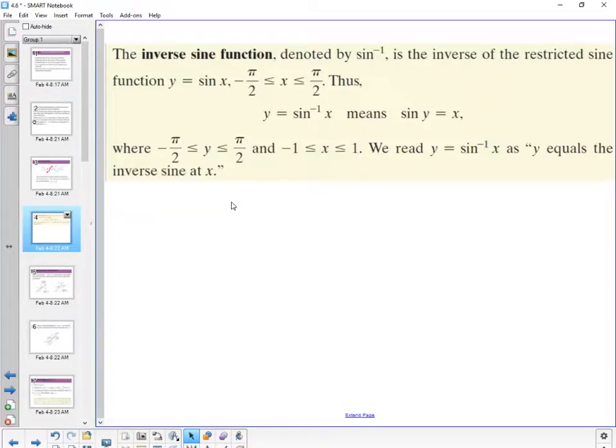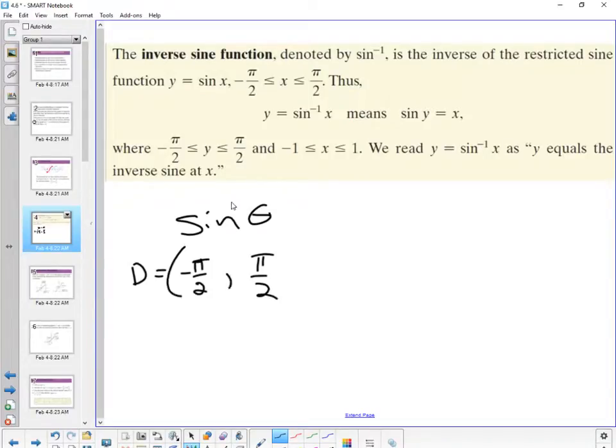No, I meant like the domain. Well, in the domain, what's the range of sine? If you want the domain of the inverse sine, think about the original. Sorry, I have to write it down sometimes. So if I think about the original sine domain, we restricted it, correct? From negative pi halves to pi halves. So that's my domain.